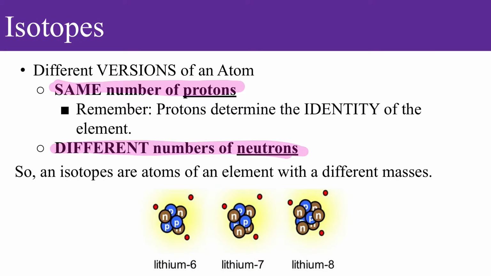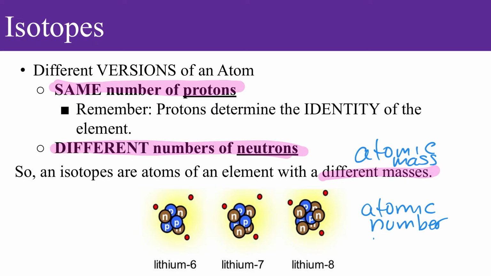So isotopes of atoms are atoms of an element with different atomic masses. The atomic number is the same, but the bigger number, or the atomic mass number, or the mass unit, is different.